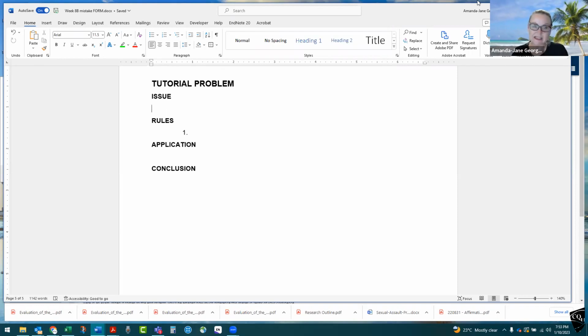What's the legal issue at stake? Normally the issue statement will cover off 2 things: what your client wants or wants to avoid, and what the legal issue is.